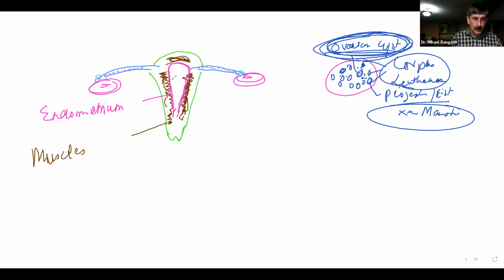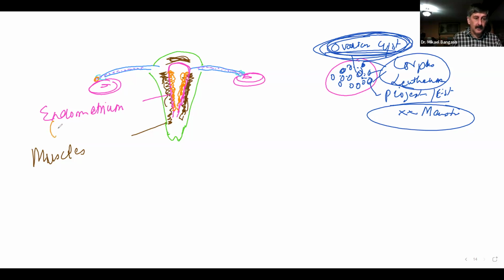Okay. Now, what mainly happens as a response to ovulation, under the influence of hormones, is that this endometrium here is going to thicken. Or we can say grow thicker.